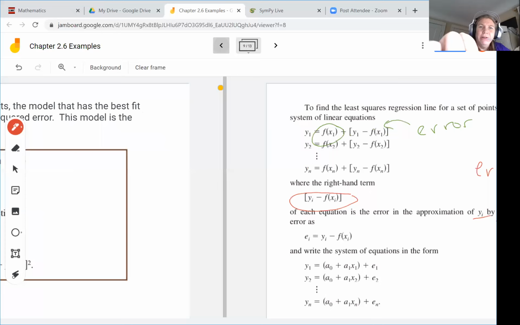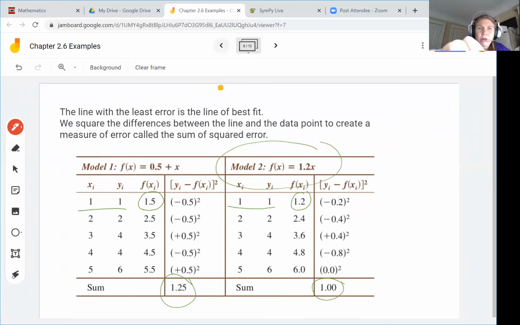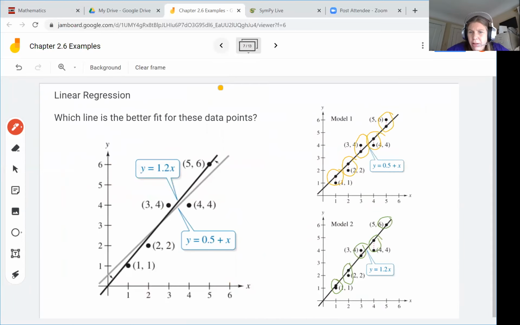So if we go back to our picture, this value here is our actual value. So our actual yi is 4 here, and our predicted value here, f of xi, is 5. Does that make sense?